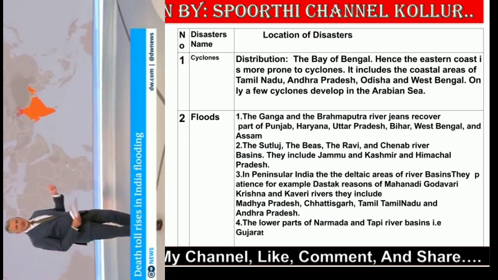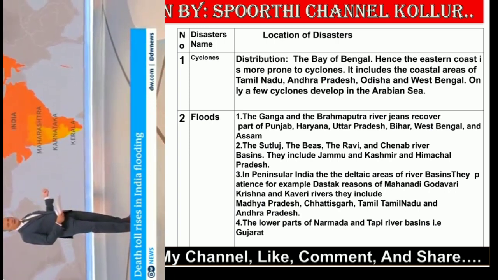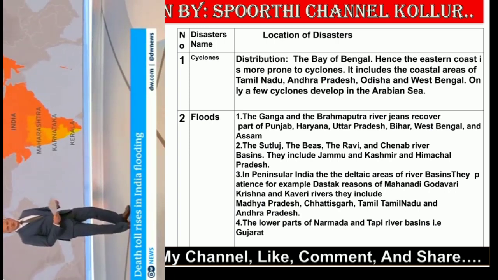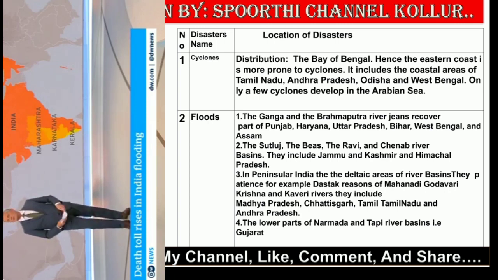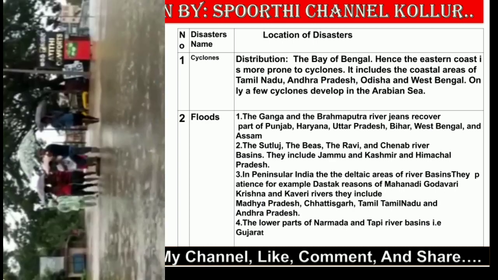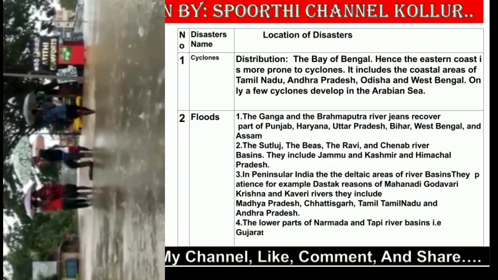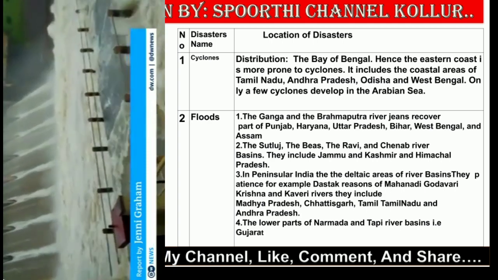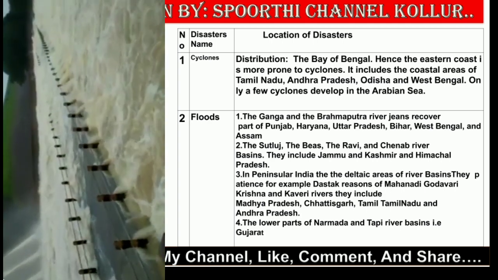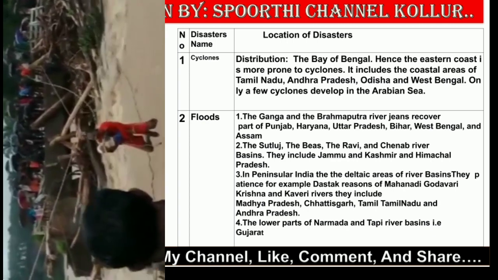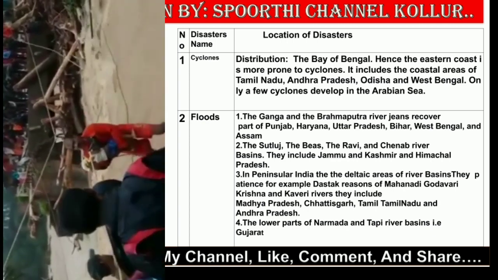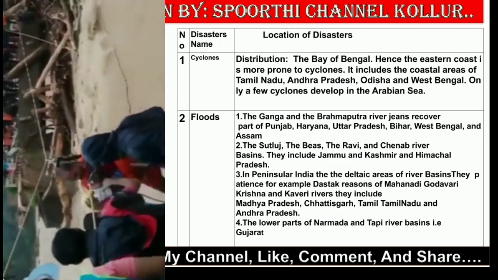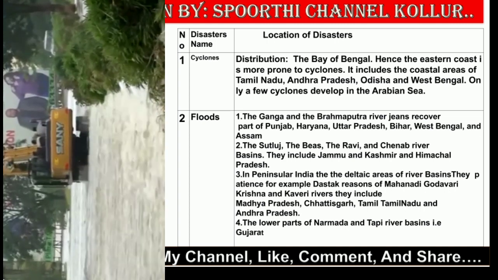Third, in peninsular India, the delta areas of river basins, the Godavari, Krishna and Kaveri rivers.